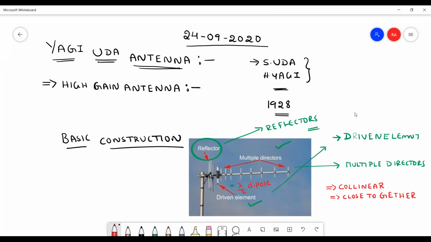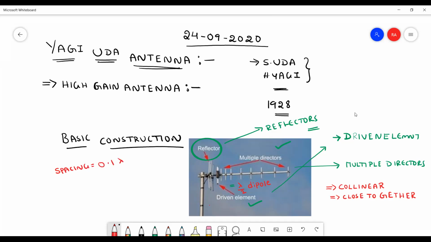The general spacing from one element to another is 0.1 lambda.